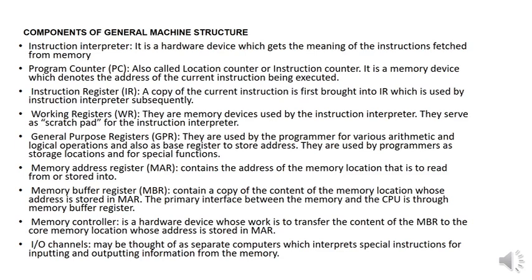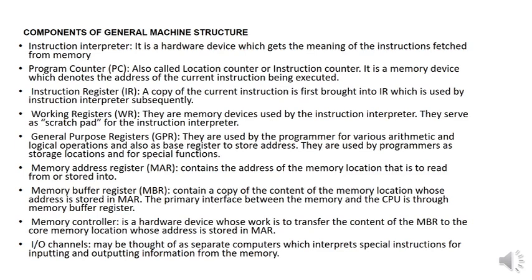Then we have the program counter, also called location counter or instruction counter. It is the memory device which denotes the address of the current instruction being executed. He is the one who knows the address of the current instruction that is being executed. That is the program counter. Then we have instruction register.